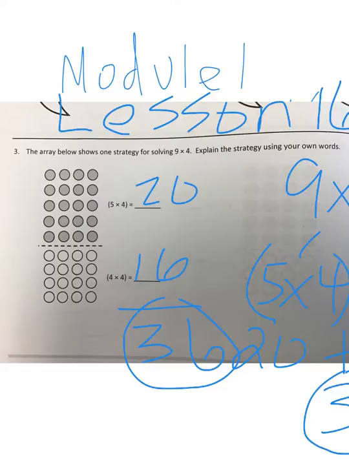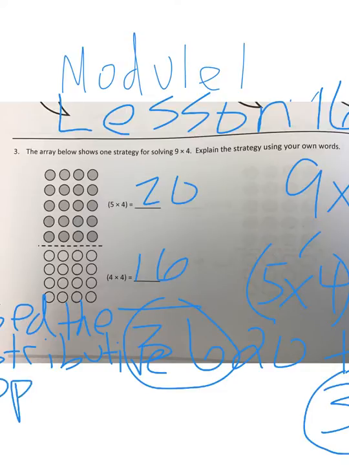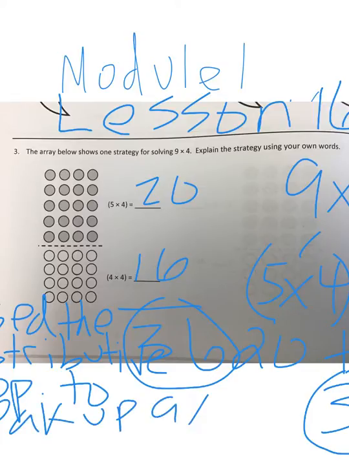So when you're explaining it in your own words, you want to say words like distribute. I used the distributive property to break up, or to break down, 9 times 4 into two smaller pieces.